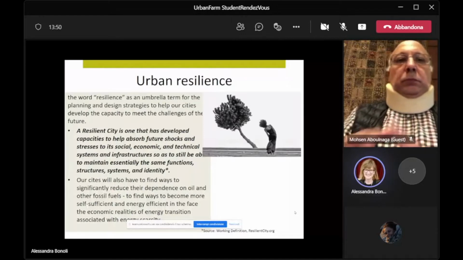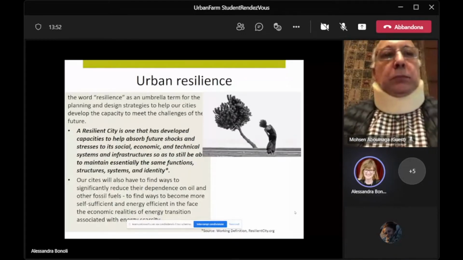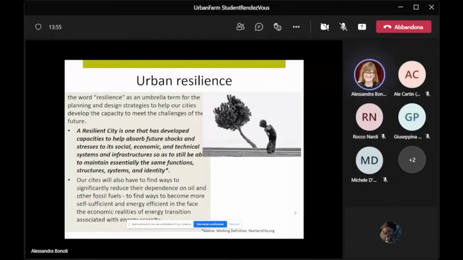That means the capacity of humans to adapt to any kind of issues. And the word resilience is applied also at the city level.